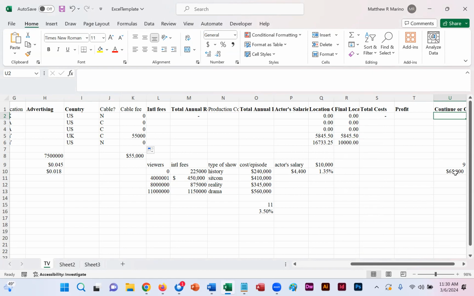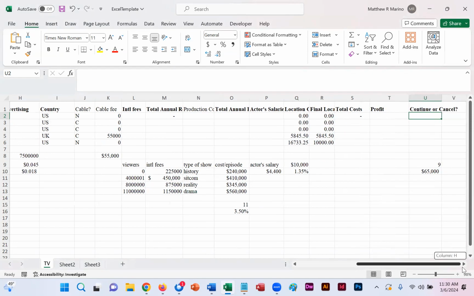Make sure that's an absolute. Then comma, if it's true, you're going to continue the show. Comma, if it's false, you're going to cancel the show. So you put them in quotes. Everything is correct. You should have continue, cancel, continue, cancel, cancel.